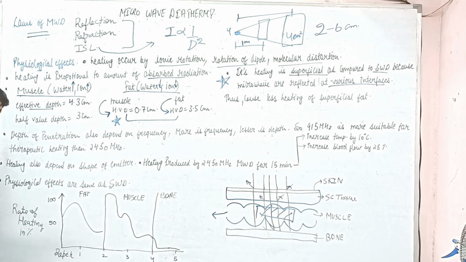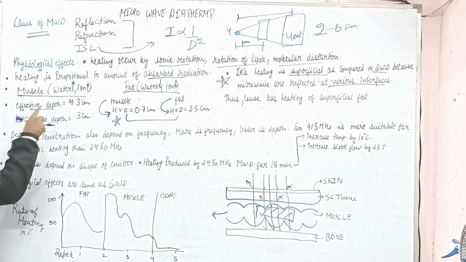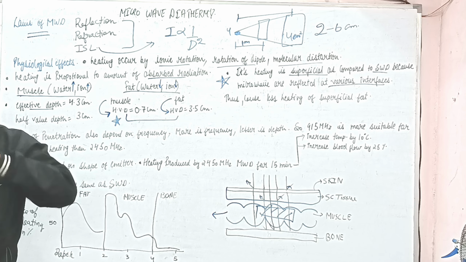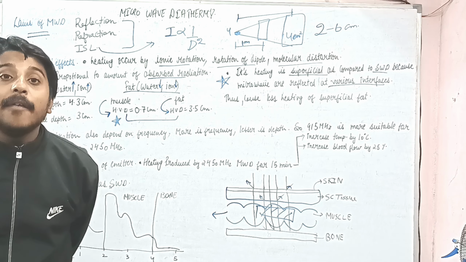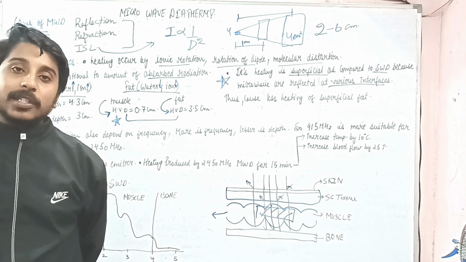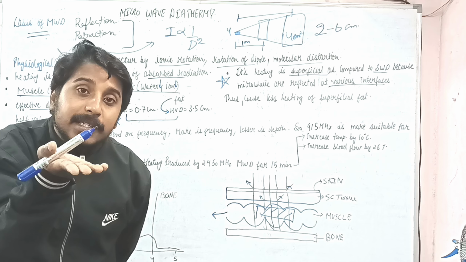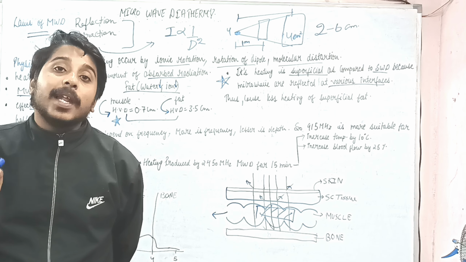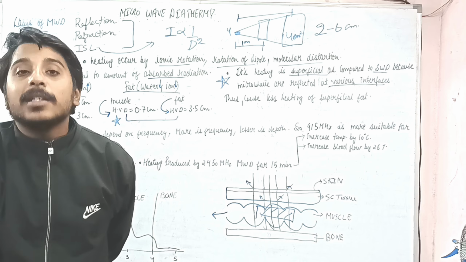Let me explain once again. Overall effective depth was 4.3 and overall half value depth was 3. But in muscle it was 0.7, which means whenever microwave radiation is going in a muscle, at 0.7 centimeter it loses most of its energy, which means it will be giving some heat.